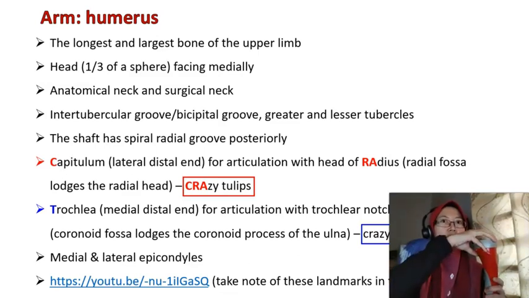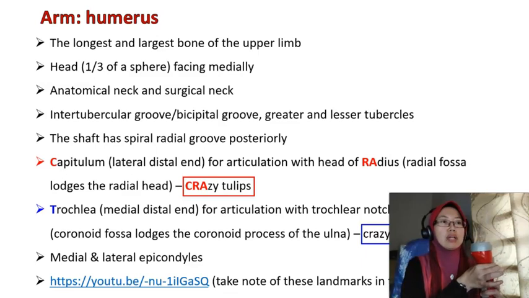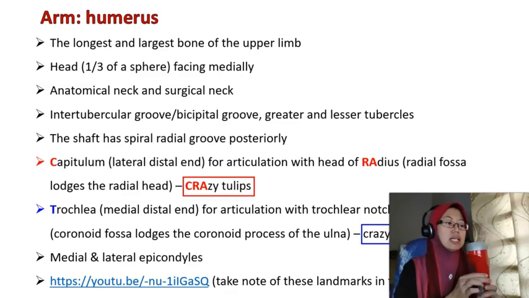It has the anatomical neck and surgical neck. The narrowing part below the head is the surgical neck, and this is the anatomical neck. It has the intertubercular groove, whereby we have the lesser tubercle at the front, anteriorly, and a bit posteriorly, the greater tubercle.